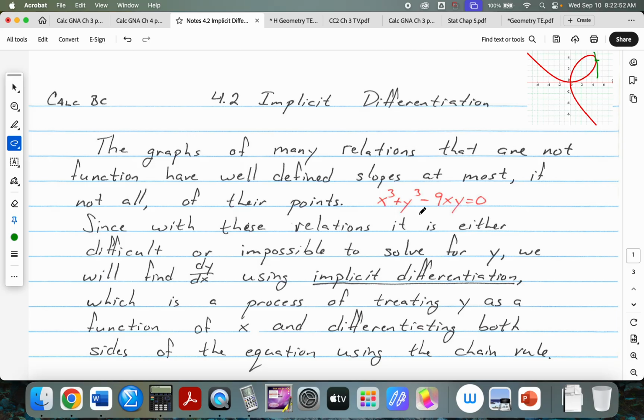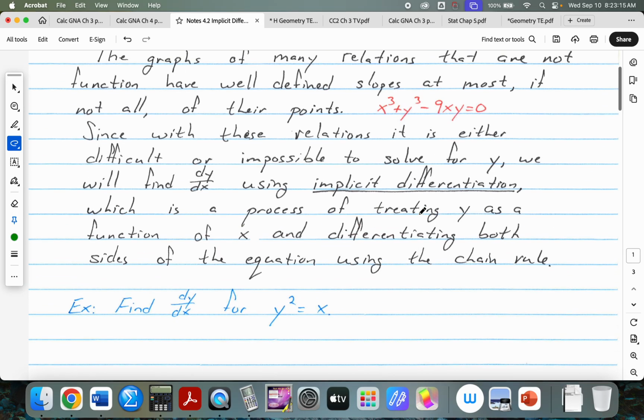So instead of trying to solve it for y so that we can find dy/dx that way, we're going to use what's called implicit differentiation, which is the process of treating y like it's some unknown function of x, and then differentiating both sides of the equation using the chain rule almost always.